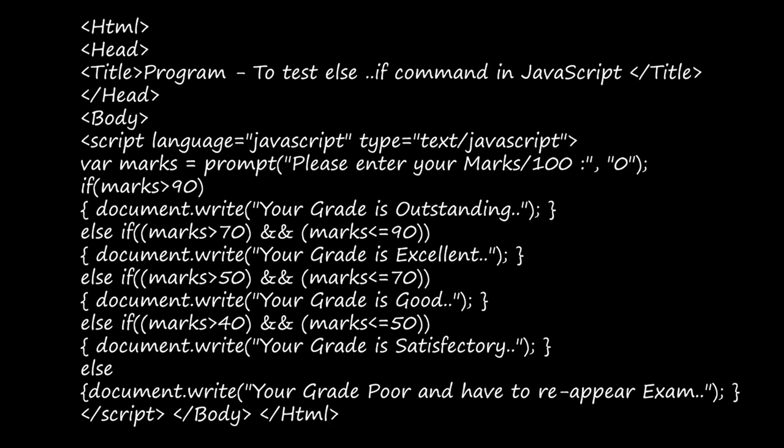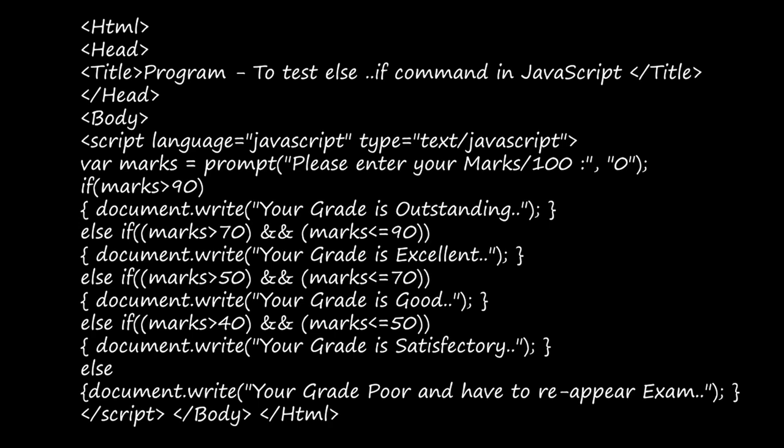If it is not above 90, it will go to the next line. Else if mark is greater than 70 and less than or equal to 90. The and symbol means only if both things are true will it move on to that block.